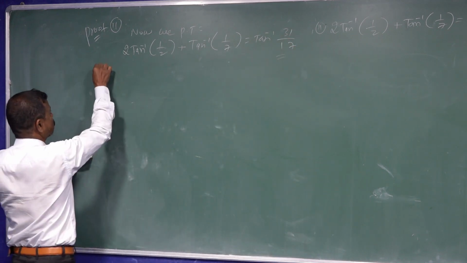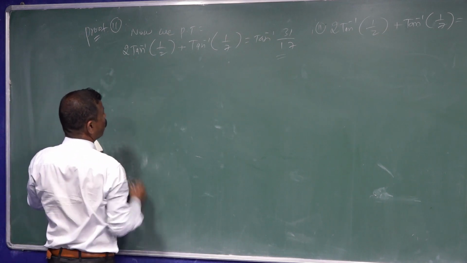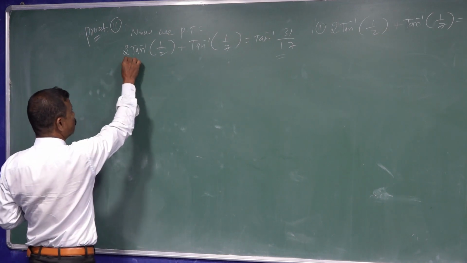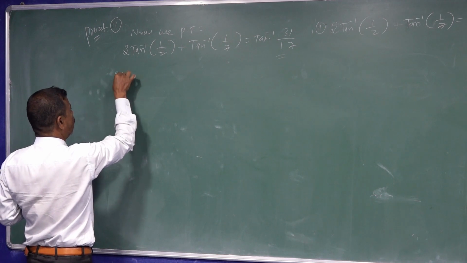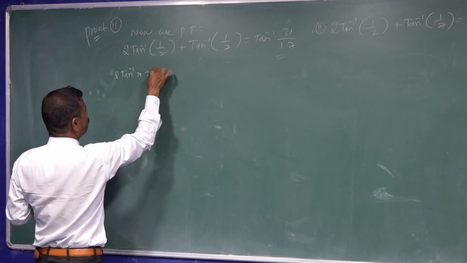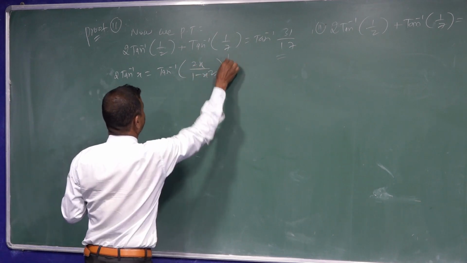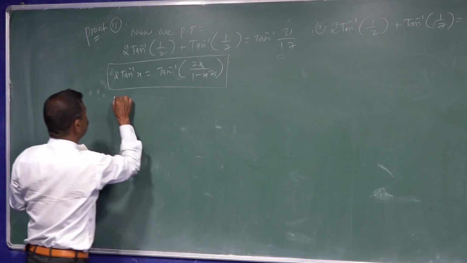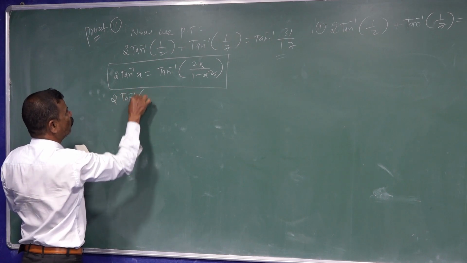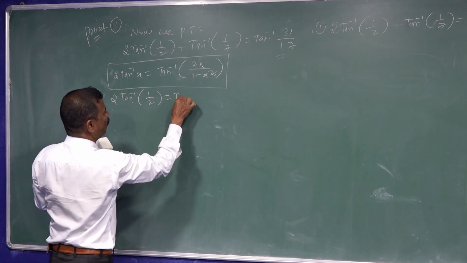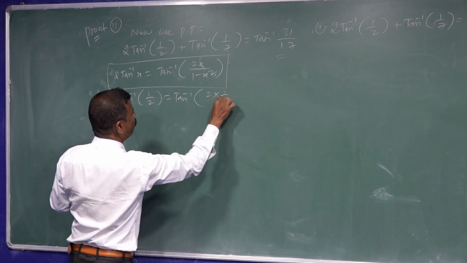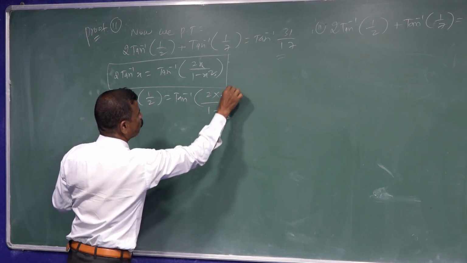Now consider LHS, 2 tan inverse 1 by 2. So first we simplify this. The formula for 2 tan inverse x is tan inverse of 2x by (1 minus x square). By using this formula, 2 tan inverse 1 by 2 is equal to tan inverse of 2 into 1 by 2 by (1 minus (1 by 2) whole square).